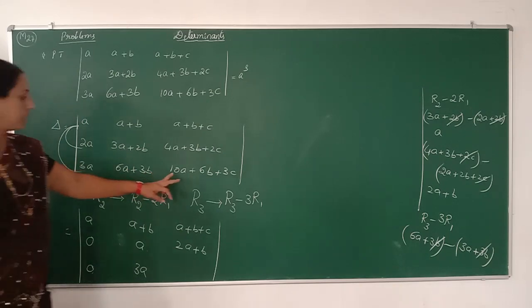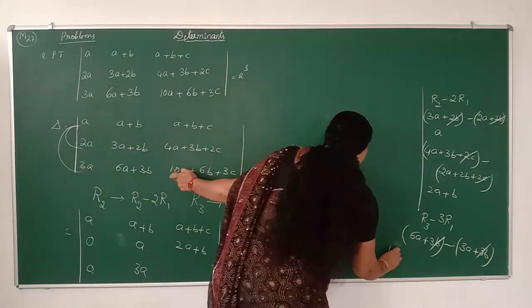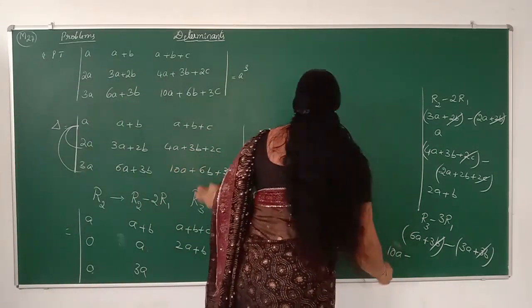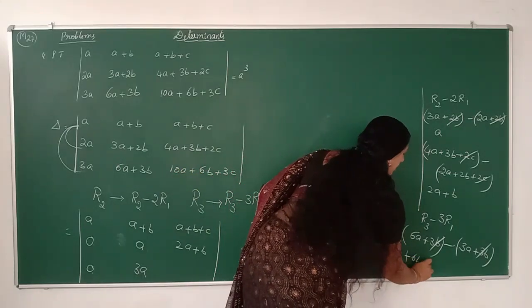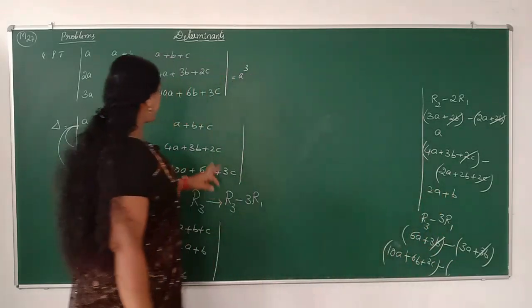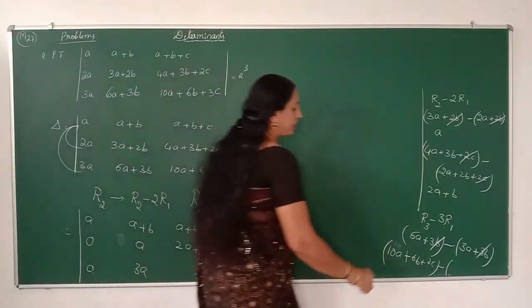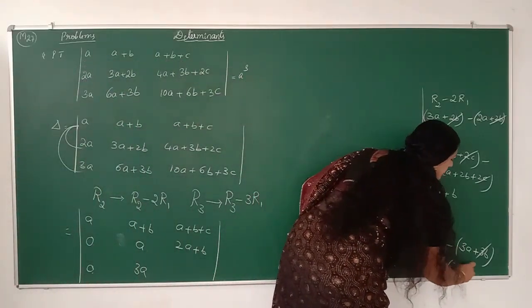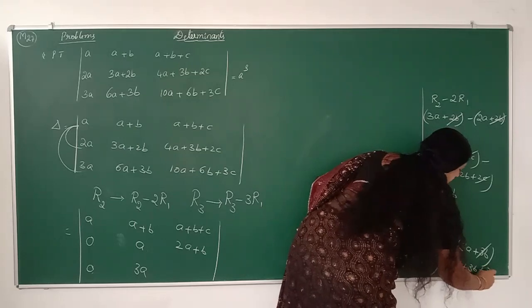And the last element, R3 is 10a plus 6b plus 3c minus 3 times R1, which is 3a plus 3b plus 3c.